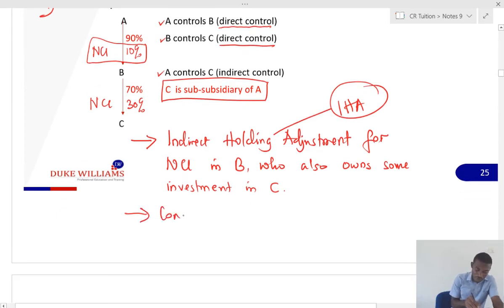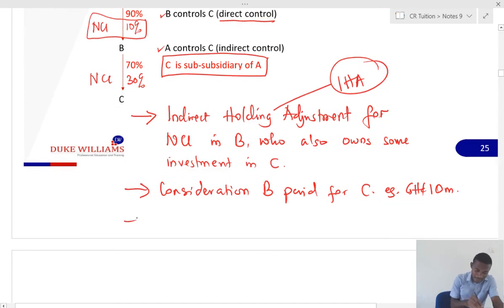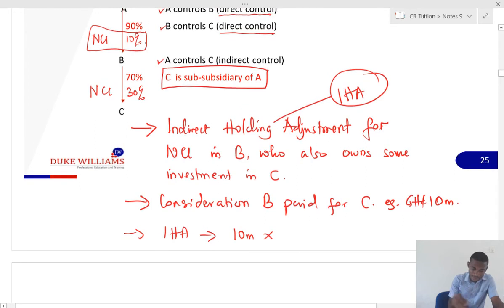So the consideration B paid for C. Now, if for example the consideration B paid for C is, let's say, 10 million, then the indirect holding adjustment would be 10 million times the NCI percentage, and the NCI percentage there is 10%.